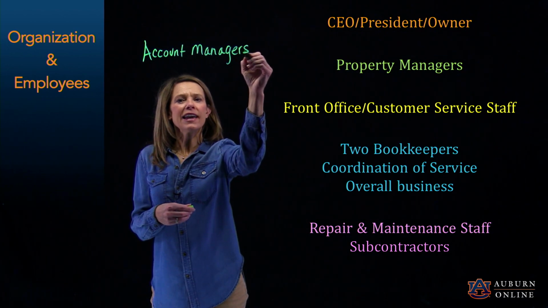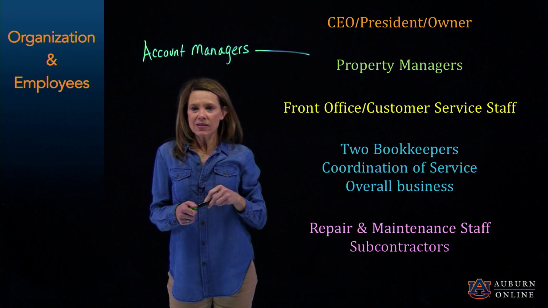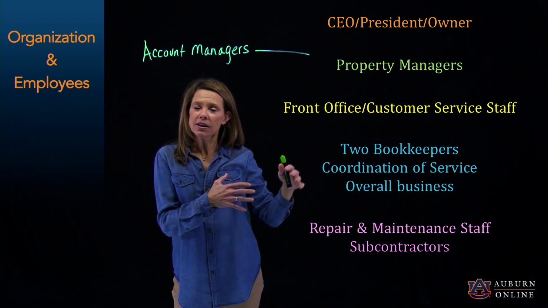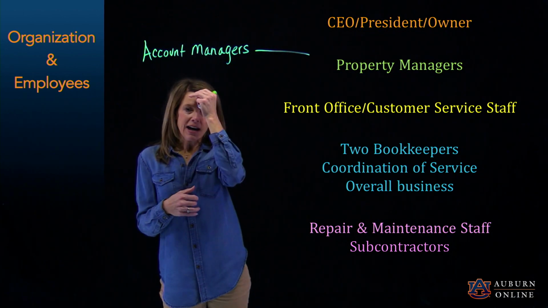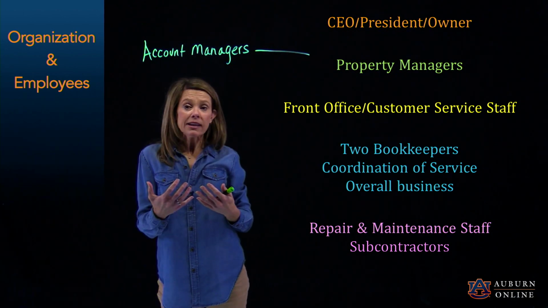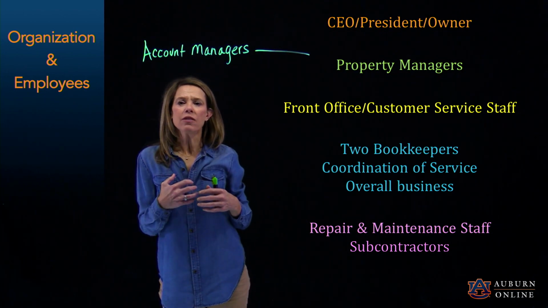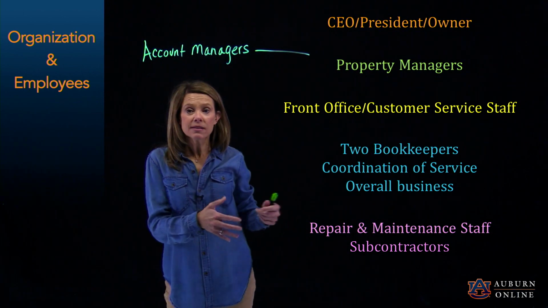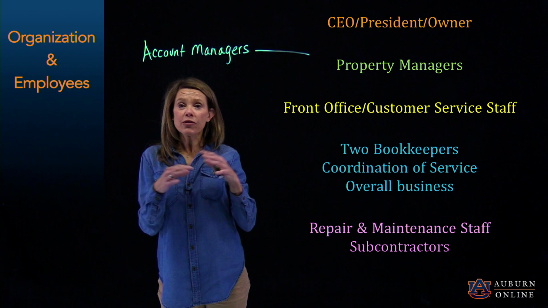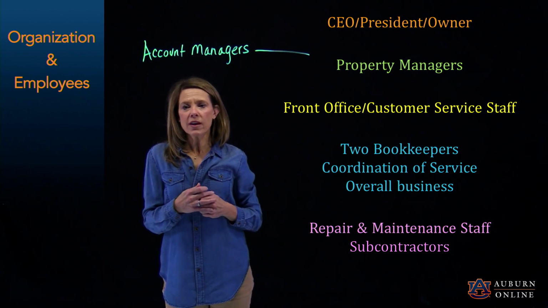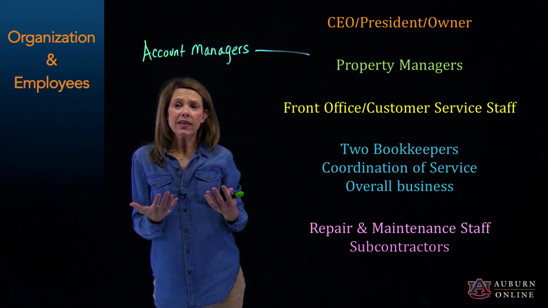That means that for each property that they manage, they are the go-between between the owner and the property management company. So they're their primary contact, and they are really officially responsible for what happens to the property. So while they may not be the ones that are actually doing the service or getting the lease signed, they are overseeing those properties for the owner of the property. And then they're responsible for everything that happens to it.